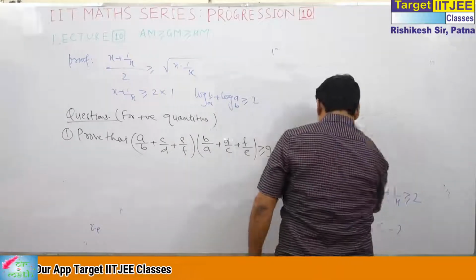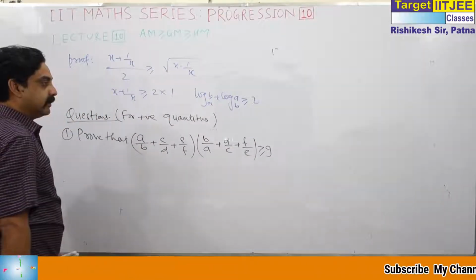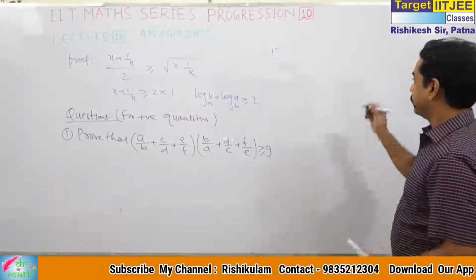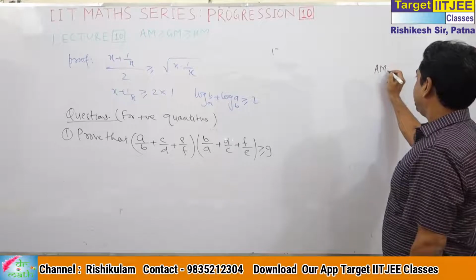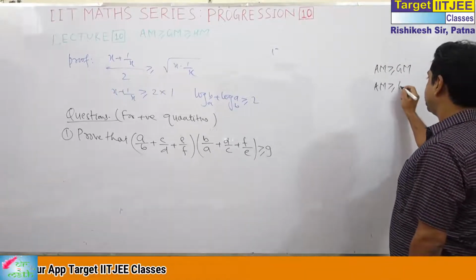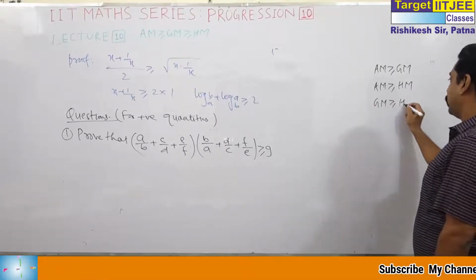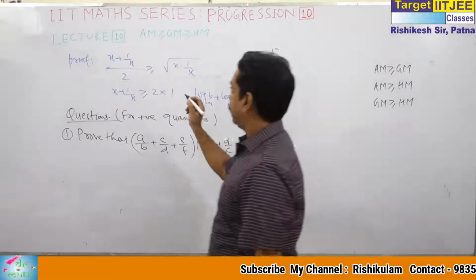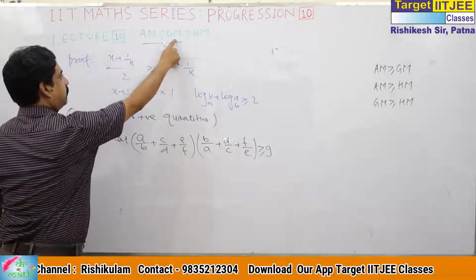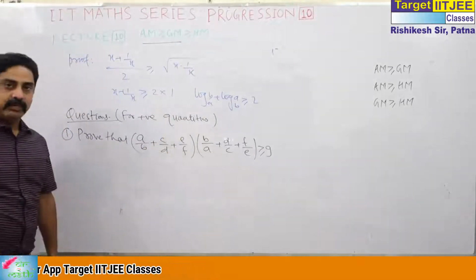First of all, we have to guess what to apply: whether arithmetic mean is greater than or equal to geometric mean, arithmetic mean is greater than or equal to harmonic mean, or geometric mean is greater than or equal to harmonic mean. These are the three conclusions.